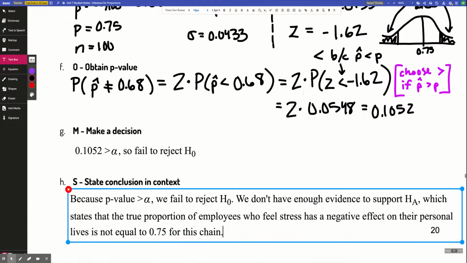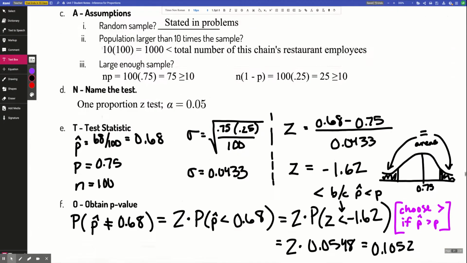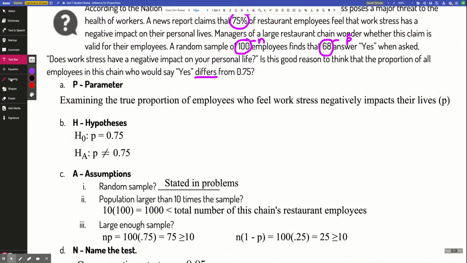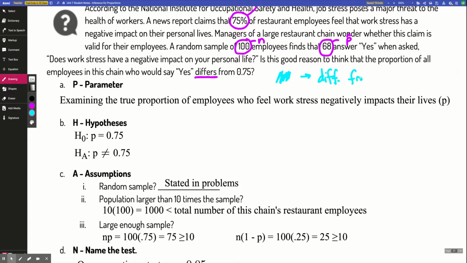Okay, so if we go back and we look at our entire procedure, the only place where differences occur, so I'm going to put a little key for you here. If I've circled it in blue, it's different from a one-tailed test.